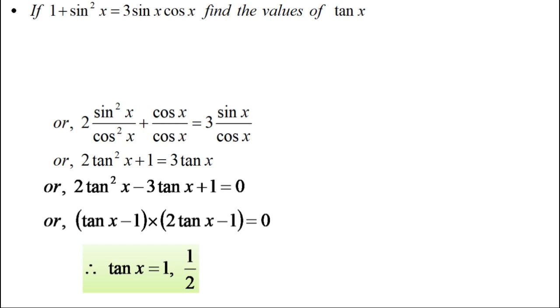Then x equals 3 plus minus root over 9 minus 8, by 4, which gives tan x equals 3 plus minus 1 by 2, or tan x equals 1 or 1 by 2. In both ways we get the value of tan x equals 1 or 1 by 2. Then the values of tan x are 1 and 1 by 2.